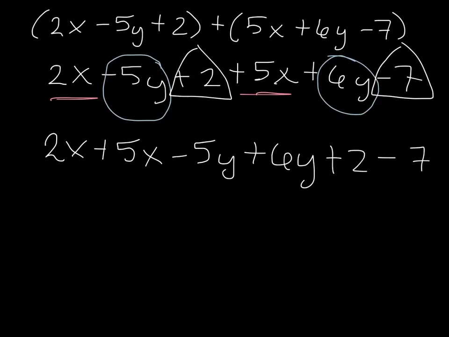And so then from here, I see that I've got 7x, and I've got 1y, and I've got negative 5. So turning this addition problem right here into a combining like terms problem.